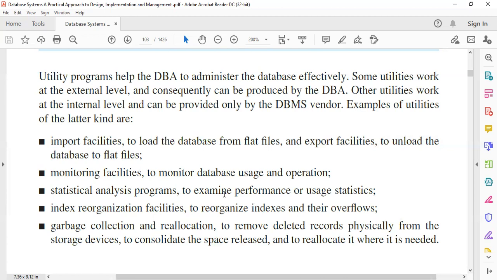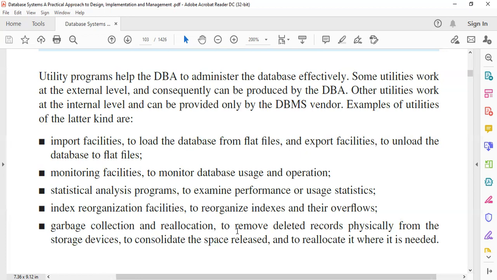How is the database performing? Who is able to use it? Who is not able to use it? And so on. Then it provides index reorganization facilities. It's able to reorganize the indexes or indices and the overflows. Then we have what we call garbage collection and reallocation facilities.